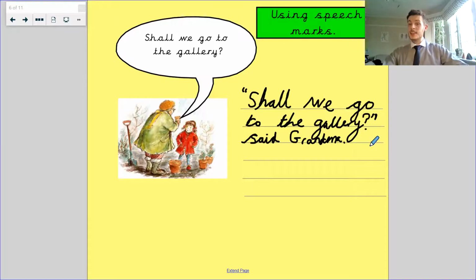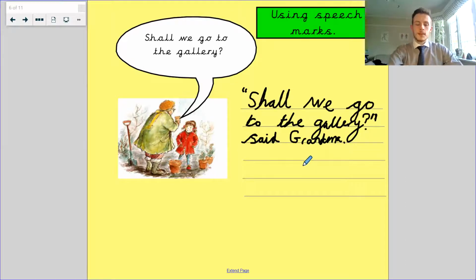But it links to the last sentence, and the last sentence was, shall we go to the gallery? So you've got to kind of imagine when a question mark or an exclamation mark is in your speech marks, that it's kind of pretending to be a comma, and then you can still have your lowercase said grandma.